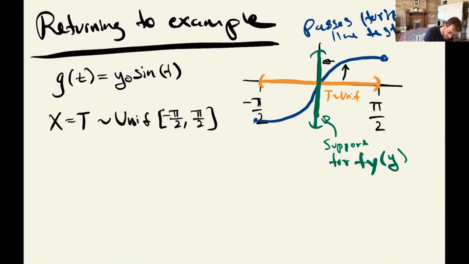Right, so I guess I should have made this closed. So what does that mean? It means that f of t has to be 1 over this length, which is pi.